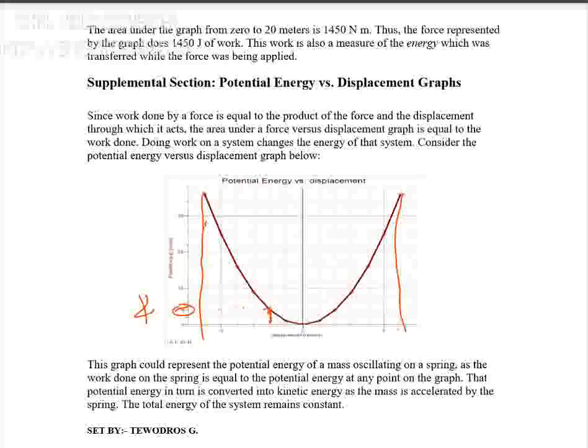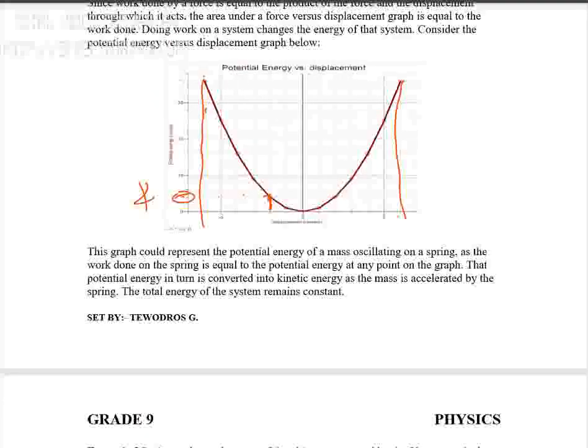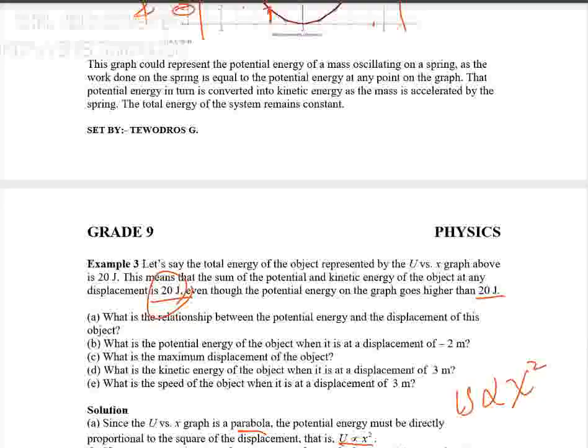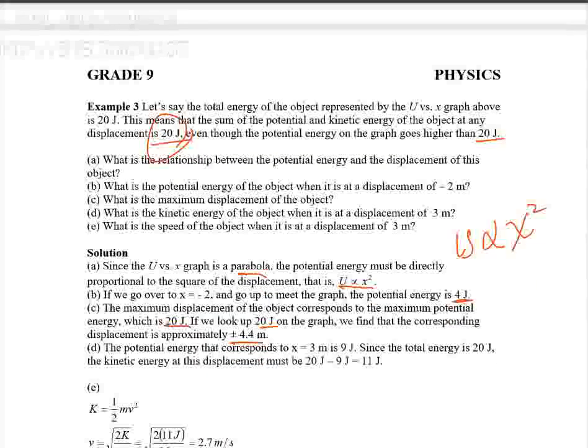No, the maximum potential energy on the graph is greater than 20. But the equation says the total energy is 20 joule. Therefore, at 20, it's around 4.4 or 4.5. On this side minus, on this side plus. Therefore, plus or minus 4.5 is the answer.